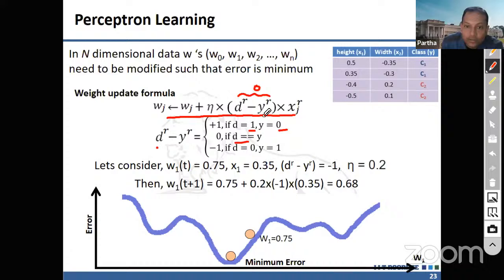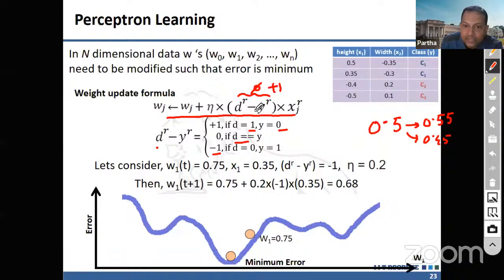If d is 1, the ground truth is 1, and you are predicting 0, then you will be adding some positive value, plus 1 into x, the features, and the scaling factor. If d is 0 and y is 1, then you are subtracting this value. That's why, as I was saying, if it was 0.5, either I will go to 0.55 or I will go to 0.45.